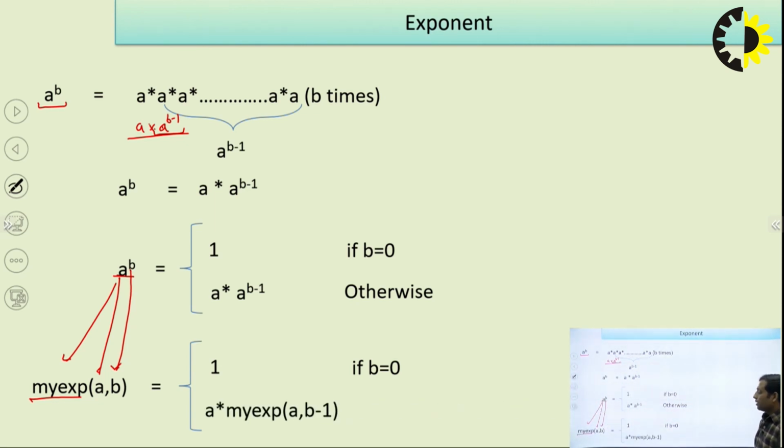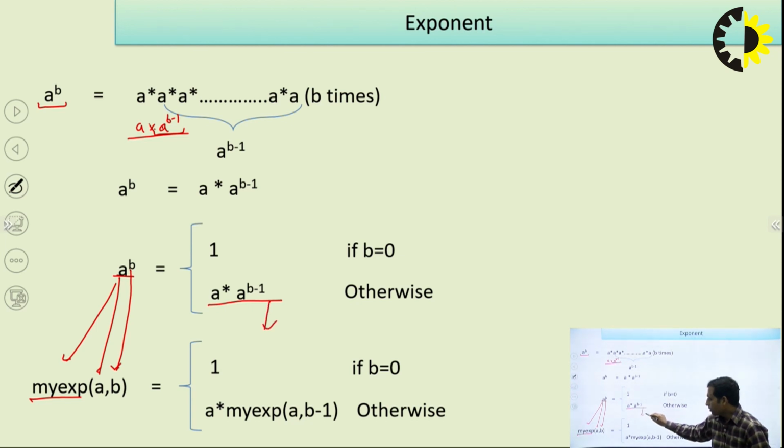Otherwise, a power b equals a into my exponent of a and b minus 1. We are just converting this into function format, giving the name here and passing the parameters separately.